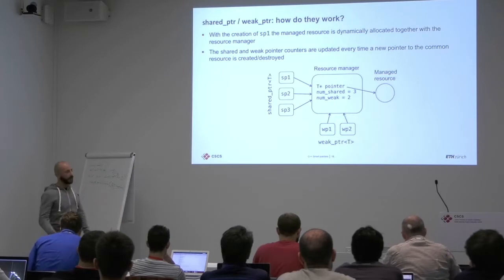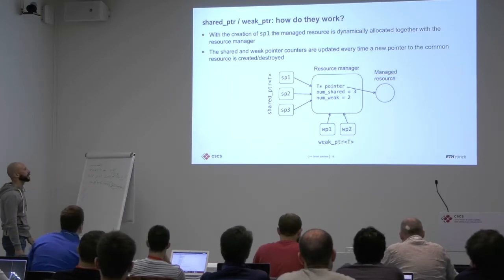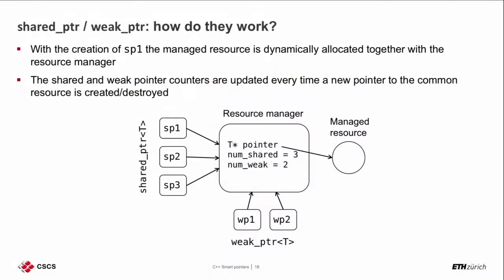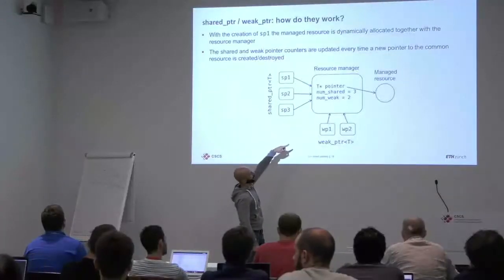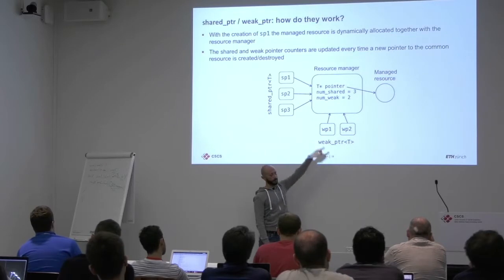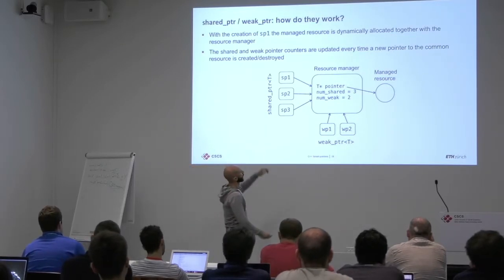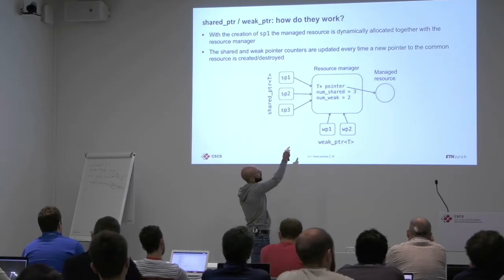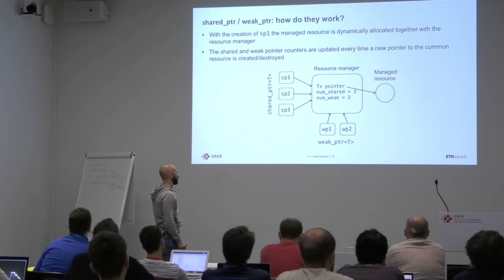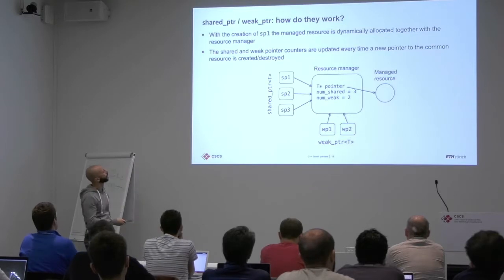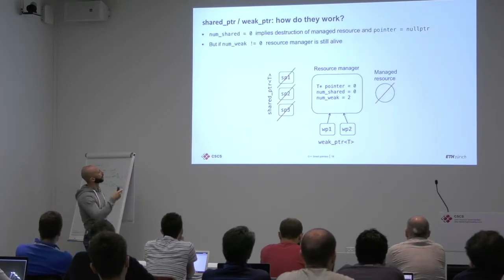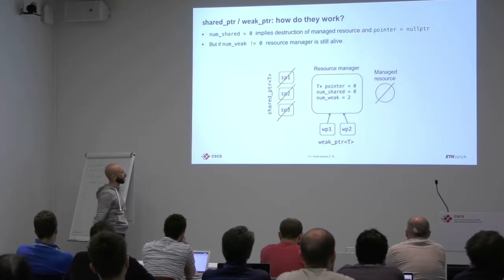Then you start creating in your code new shared pointers and weak pointers with the copy constructor, and with the constructor of the weak pointer that takes a shared pointer as input, so that all these new pointers point to the same memory location on the heap. Of course the counters will be updated, and at the end you will have 3 shared pointers and 2 weak pointers.